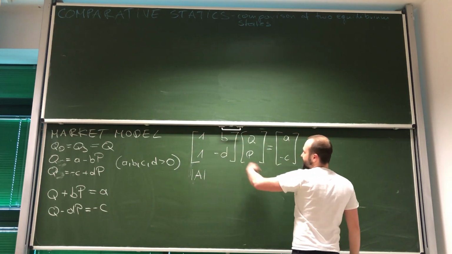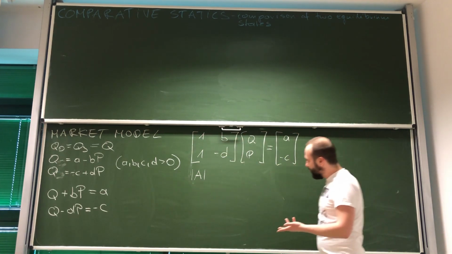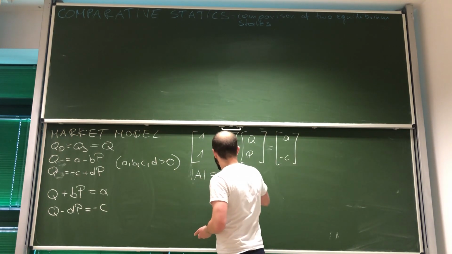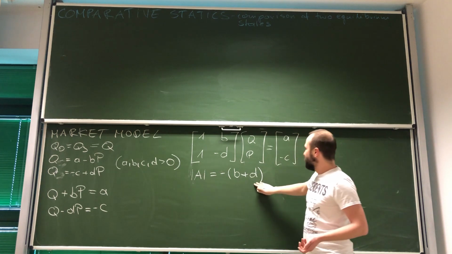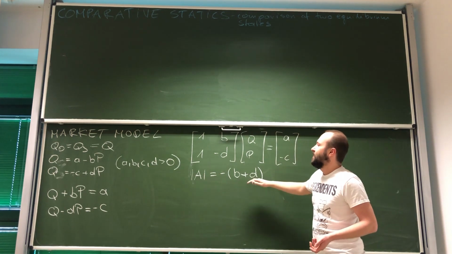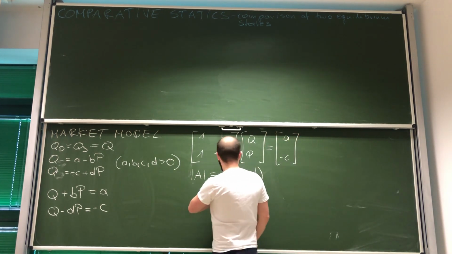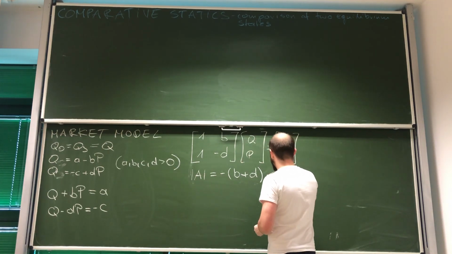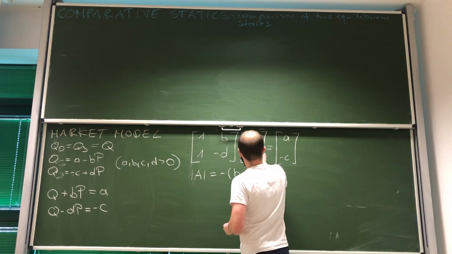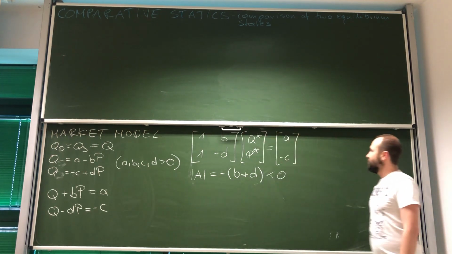Determinant here is negative d minus b, or simply negative b plus d, because we know that those two parameters of the model are actually positive. So we know that this is negative, and we know that the model has solutions.